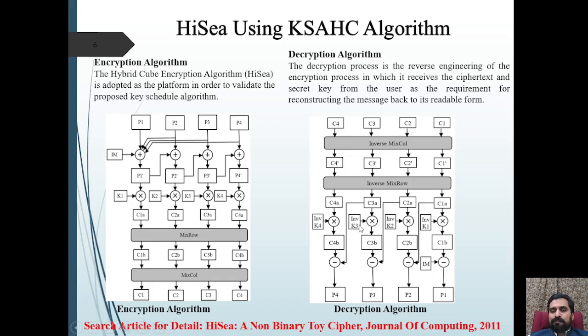On the other side, you will see the decryption algorithm, which is the reverse of the encryption algorithm, in which we receive the ciphertext from the sender along with the secret key, because we are working on a symmetric algorithm. So in this case, we use the same key as the encryption to decrypt the message, reconstructing it back to its original form.